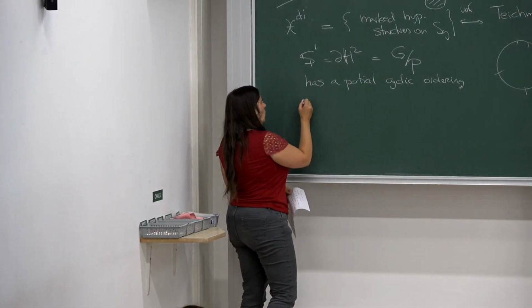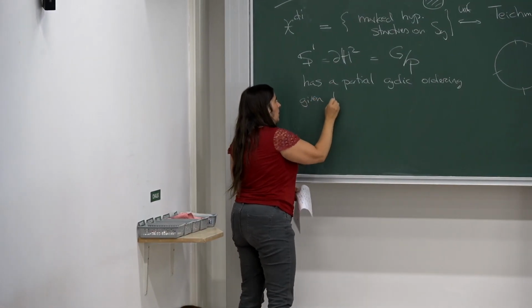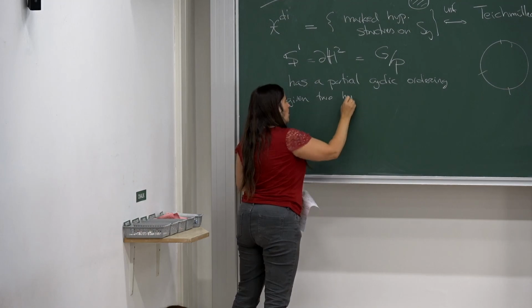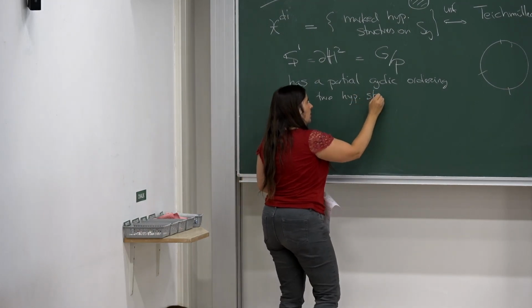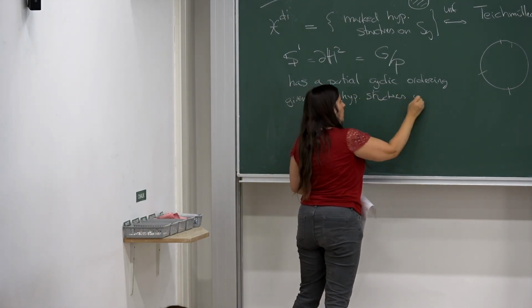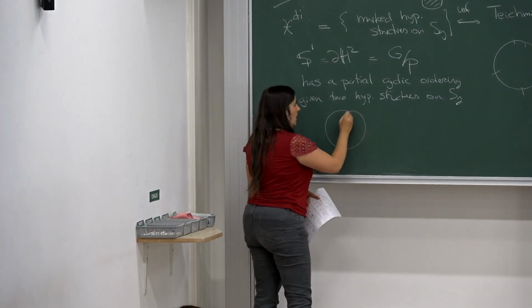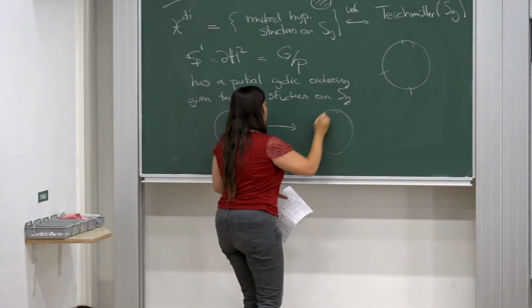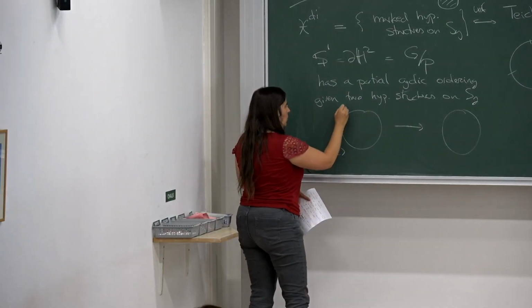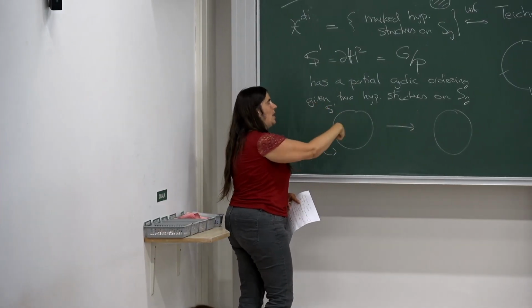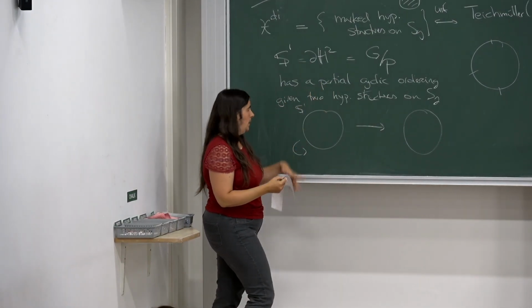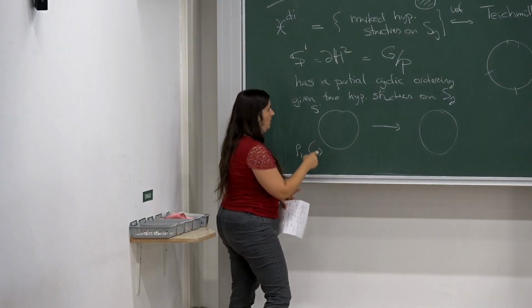And given two hyperbolic structures on the surface, I have a unique equivariant boundary map. Here I have the circle of the universal covering of the first hyperbolic structure, on which I act through rho 1.